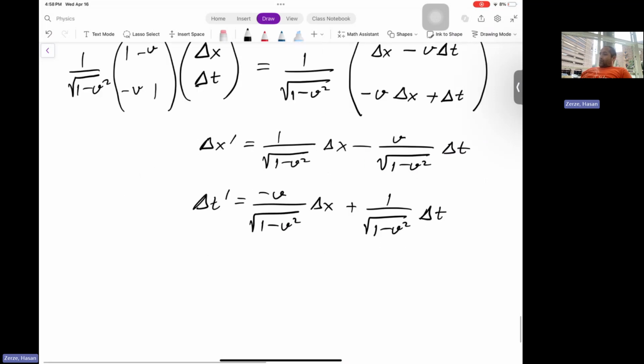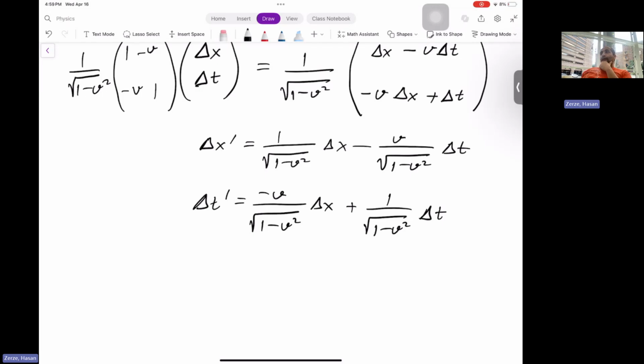But this is not immediately showing what is the Lorentz contraction, like how much length change the objects experience from moving from one reference observer to the other reference observer.